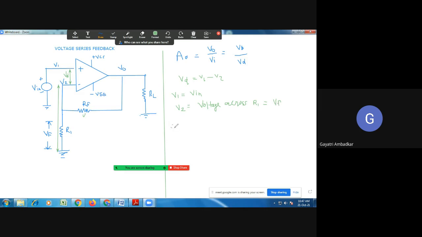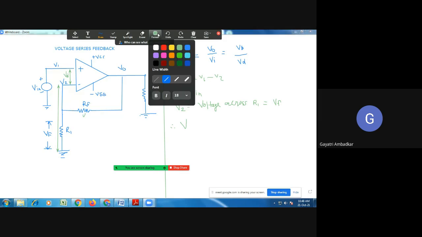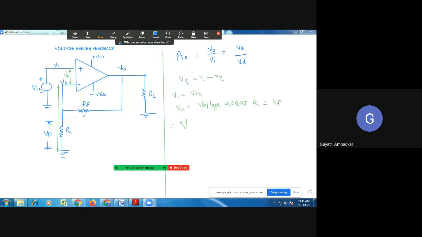Therefore, I can say the differential signal Vd is nothing but V1 minus V2, which is Vin minus Vf.